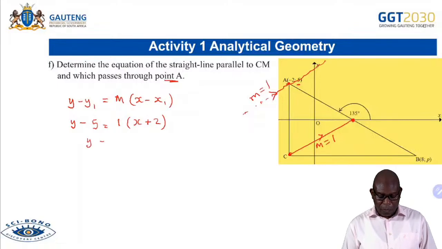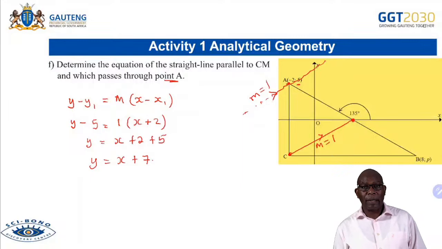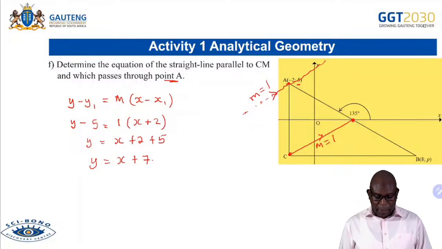So my y will be equal to x plus 2 plus 5, and that gives me y equals x plus 7. So my equation is y equals x plus 7.